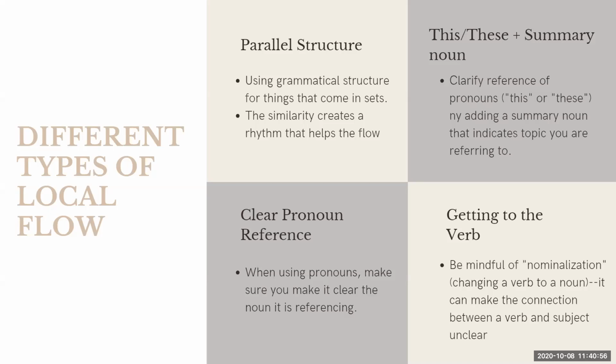You are reducing vagueness by adding the summary noun, and you're making it clear to the reader what you're referring to. So you want to make sure that you have the summary noun whenever you want to say "this" or "these."